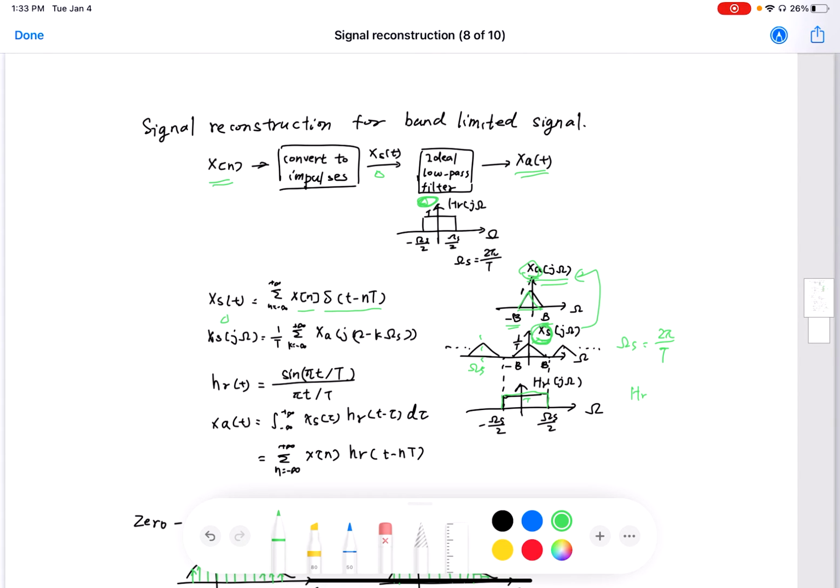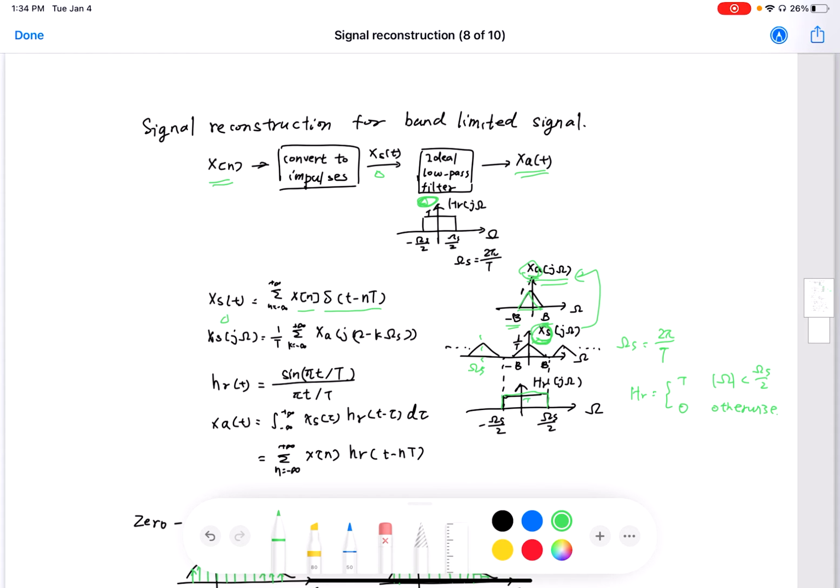Hr here equals T when omega is less than the band limit, and 0 otherwise.